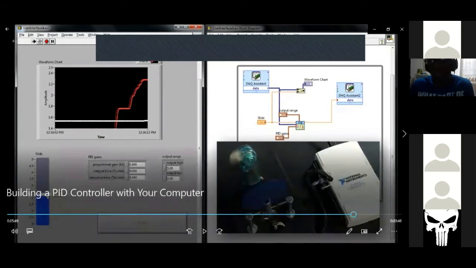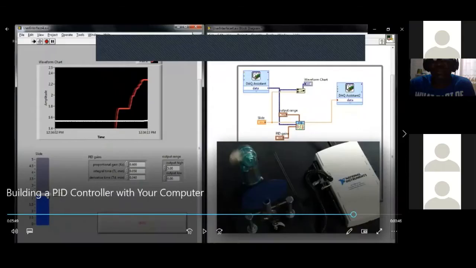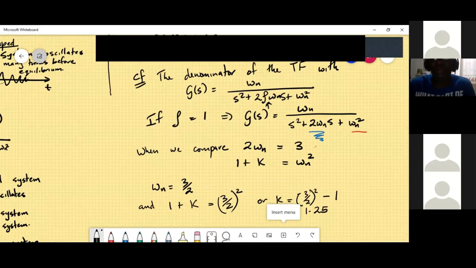All right, so please bear that in mind. So back to where we were. We work out and we calculate the gain to be 1.25.